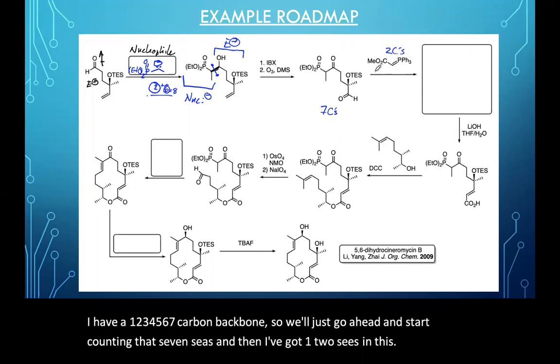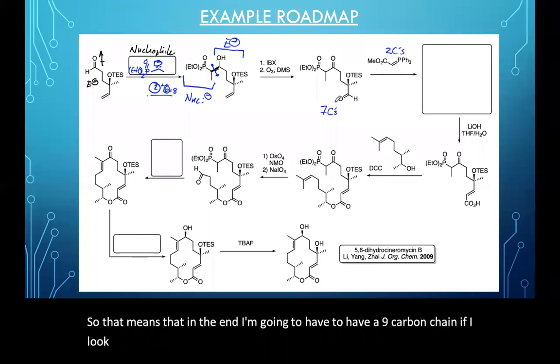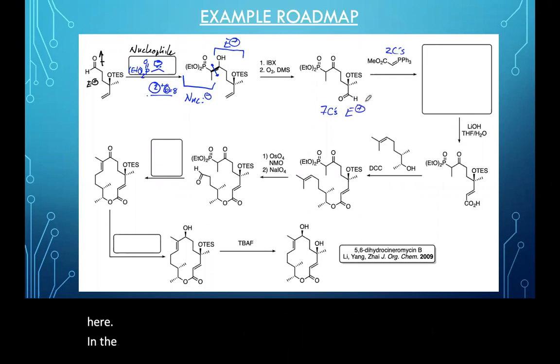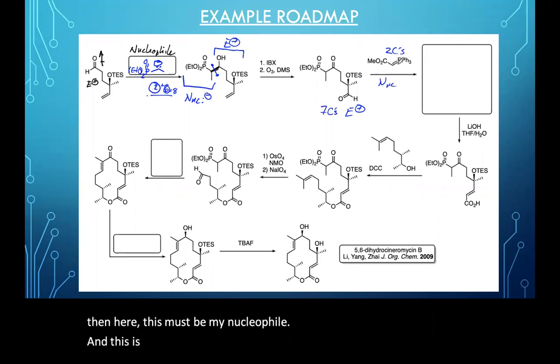So that means that in the end, I'm going to have a 9 carbon chain. If I look for my electrophile and my nucleophile, again, I've got an electrophilic atom here in the carbon attached to the oxygen in the aldehyde functional group. And then here, this must be my nucleophile. And this is a Wittig reagent, or Horner-Wadsworth-Emmons reagent.